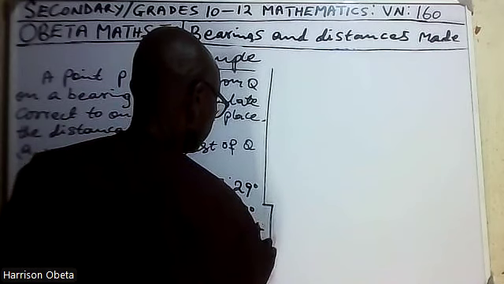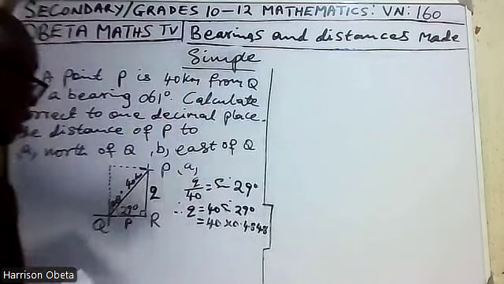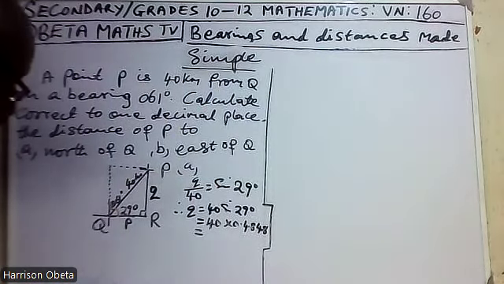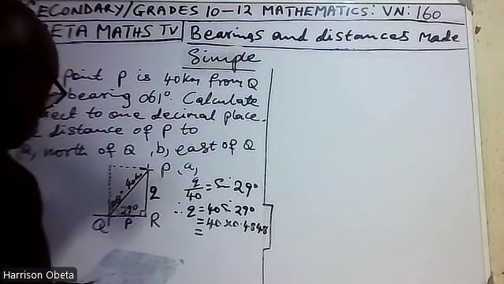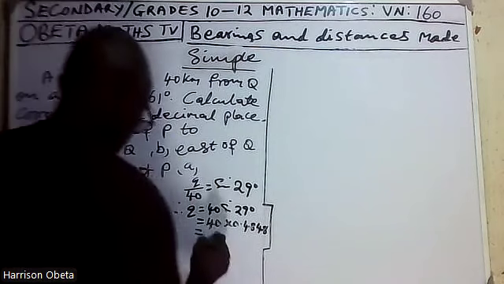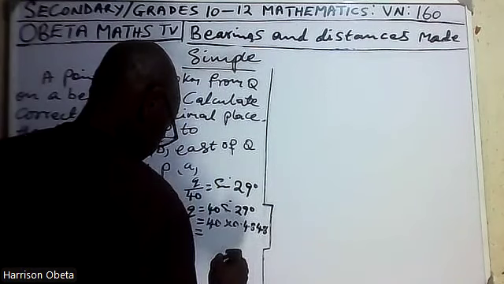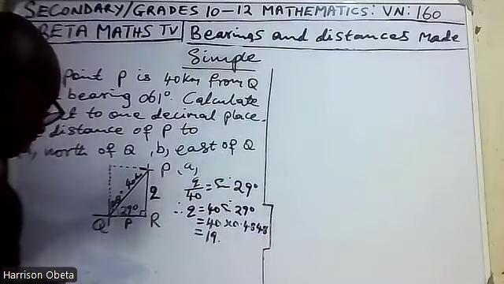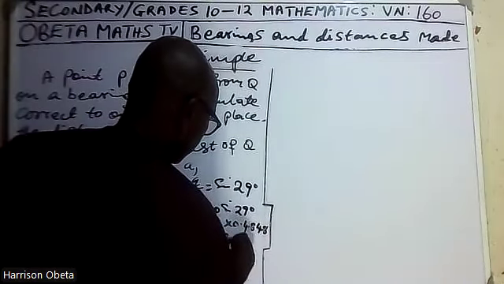And then you carry out the multiplication. You have 19.392.